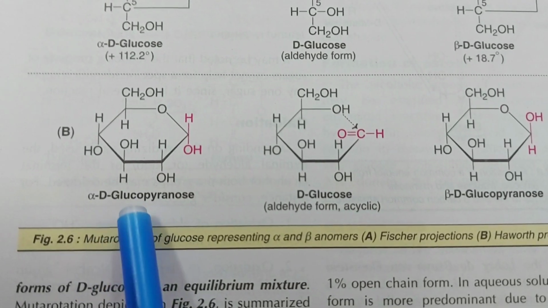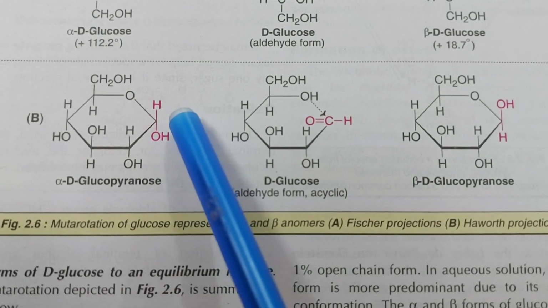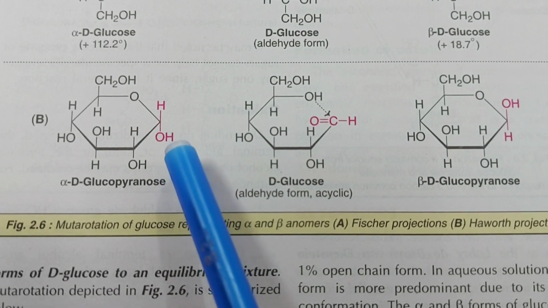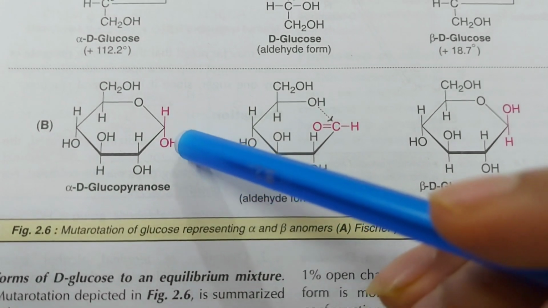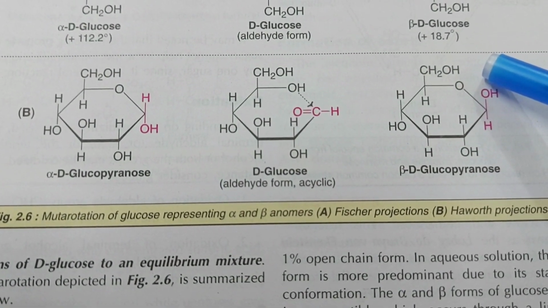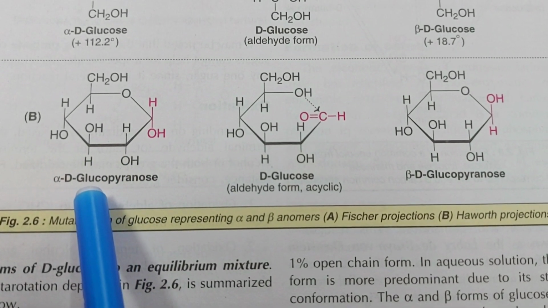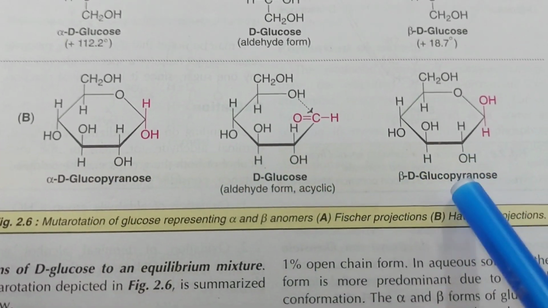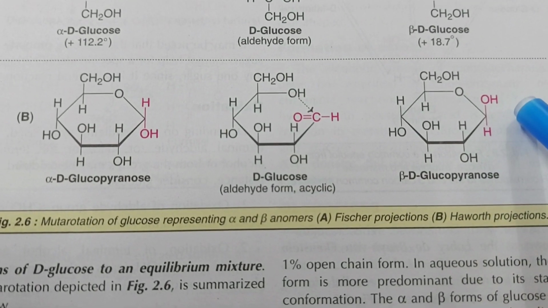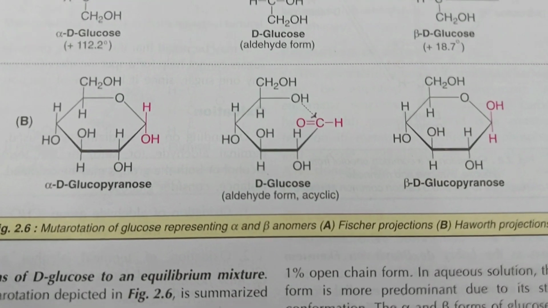In this glucose there is also asymmetry in the hydroxyl group. Here we can see the hydroxyl group is on the downside of the structure, and here the hydroxyl group is on the upside of the structure. So this is known as alpha-D-glucopyranose, and here is beta-D-glucopyranose.